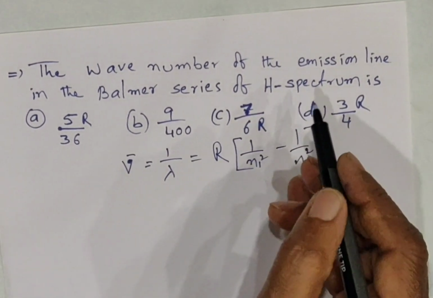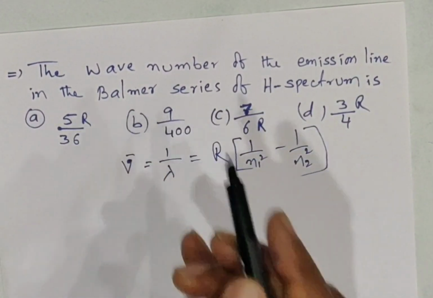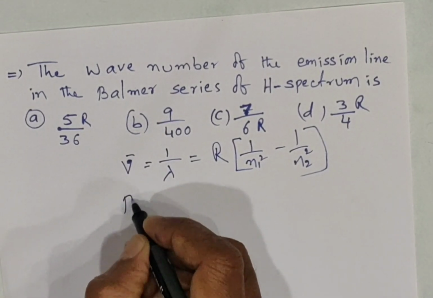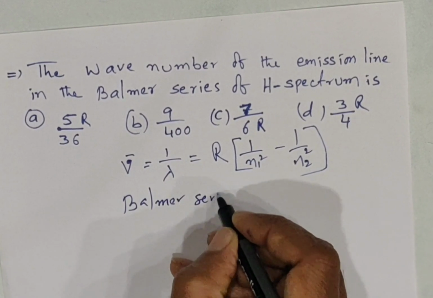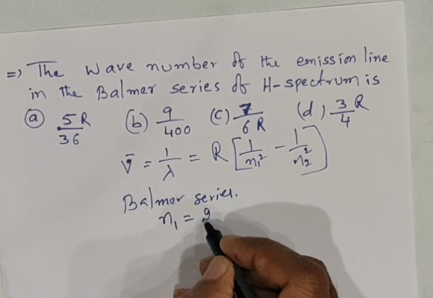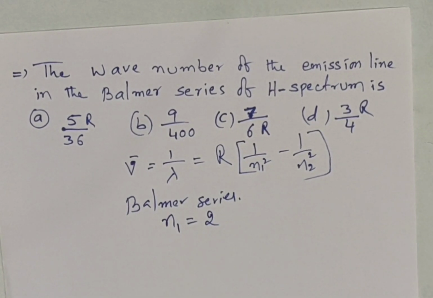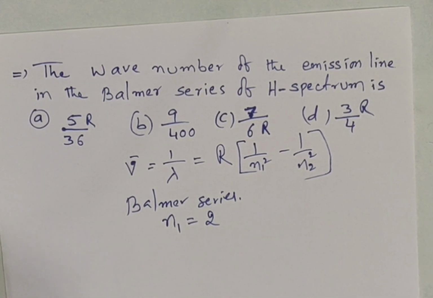Now the given problem is the wave number of the emission line in the Balmer series. In the Balmer series, N1 is always 2 because the electron jumps from a higher energy level to the second energy level. That series of spectral lines appears in the visible region, and that series is known as the Balmer series.